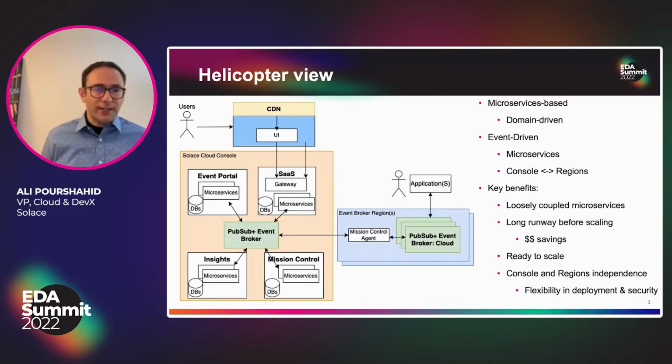So the whole architecture is a microservices-based architecture. For each of our services or applications, we have a set of microservices. It is a domain-driven thinking, as it should be for a microservices architecture. But in addition to that, another big tenet or principle of our architecture is that it is event-driven.